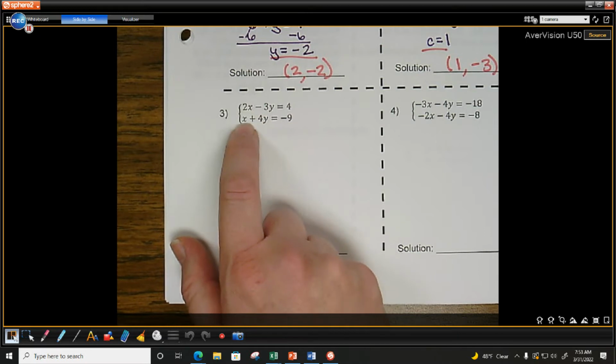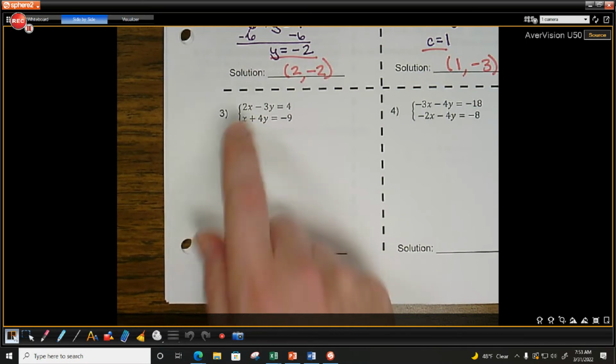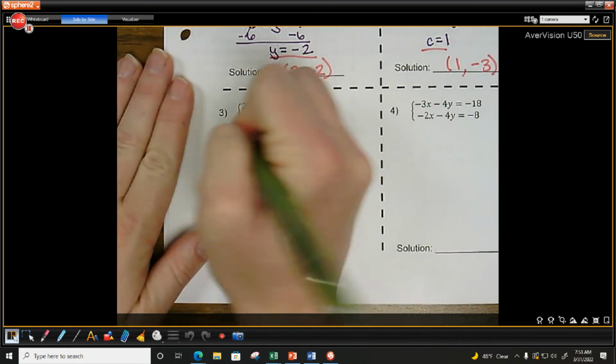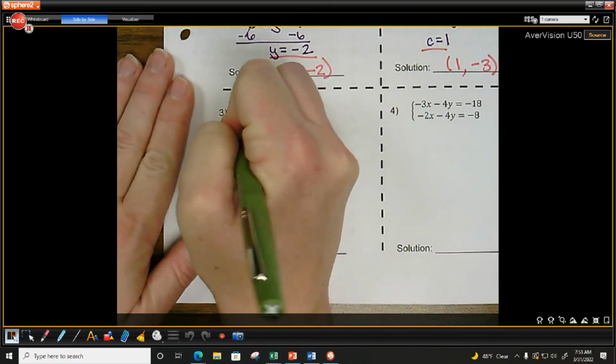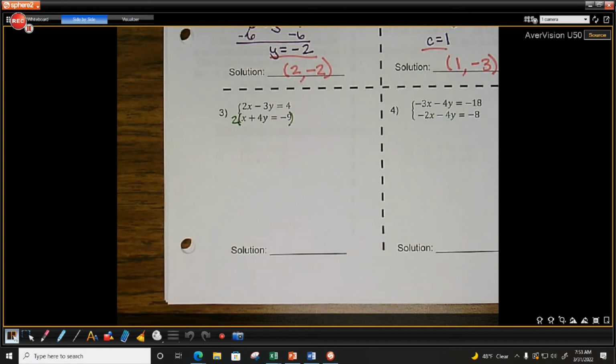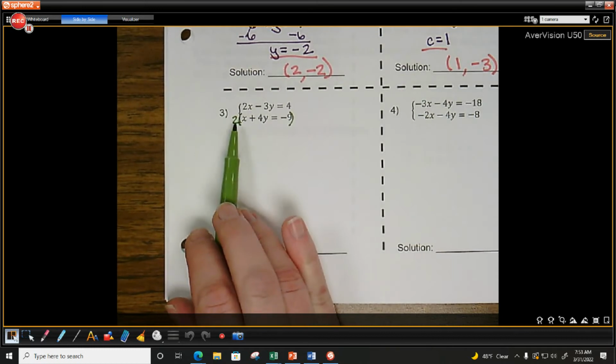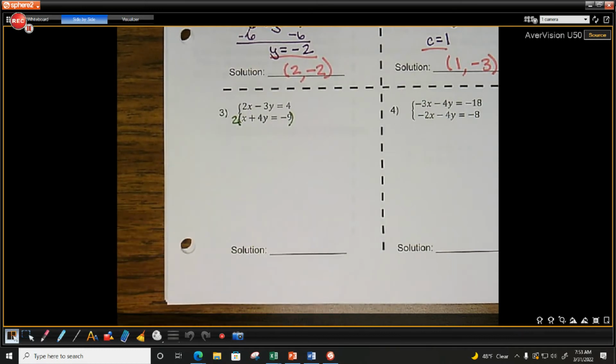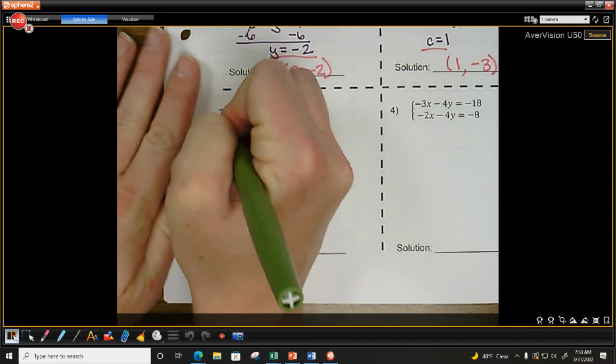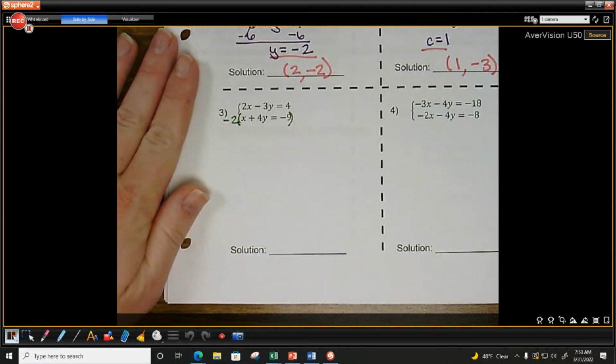If it's a 1, what would I multiply it by to make it a 2? 2. So I'm going to multiply this whole equation, the bottom one, by 2. Now, if I multiply it by a 2, they both have a coefficient of 2. I don't want them to both have a coefficient of 2. I want one to be a 2, and I want one to be a negative 2. So instead of multiplying by 2, I'm going to multiply by negative 2. Okay, are we good with that?